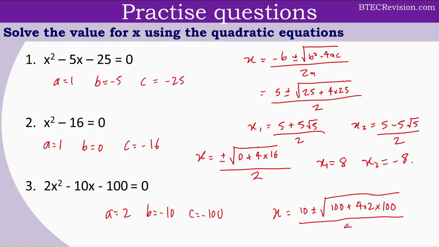So that's 2 times 2, so that's 4. The discriminant is equal to 30, so that would give us two answers. X1 is equal to 10 plus 30 is 40 divided by 4, so that's 10. And x2 is 10 take away 40, so that's negative 30 divided by 4.